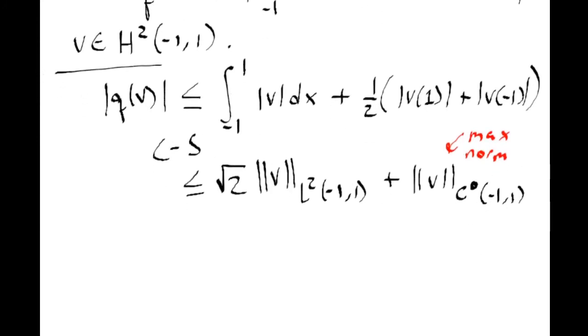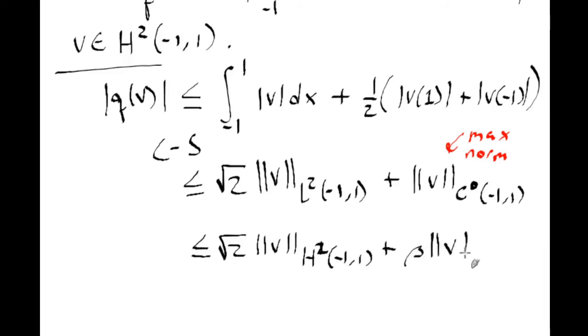Okay, and again, we're going to use one other trick here. This is bounded by the H2 norm. And there is a result in functional analysis. Because we're in 1D, this max norm is actually bounded by a constant. I'm going to write, let's say beta. I don't know what constant, let's call it beta, times v in the H1 full norm.